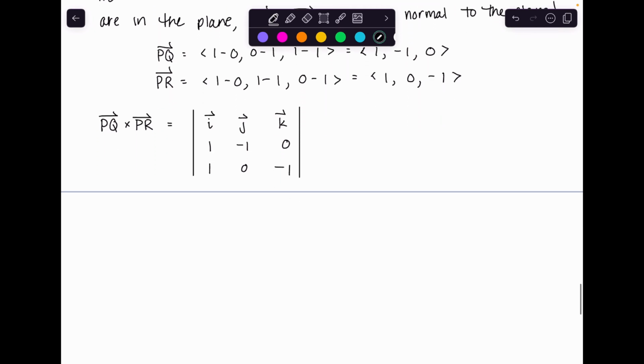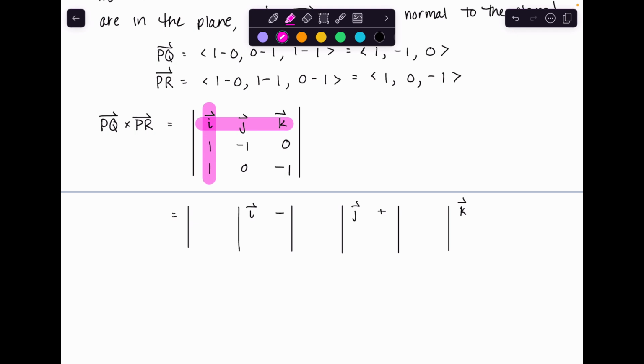Going through our determinant, I'm going to reduce it to smaller 2 by 2 determinants. So we've got positive i, negative j, and then positive k. For the first one, we strike out the first row and first column, and what's left is negative 1, 0, 0, negative 1.